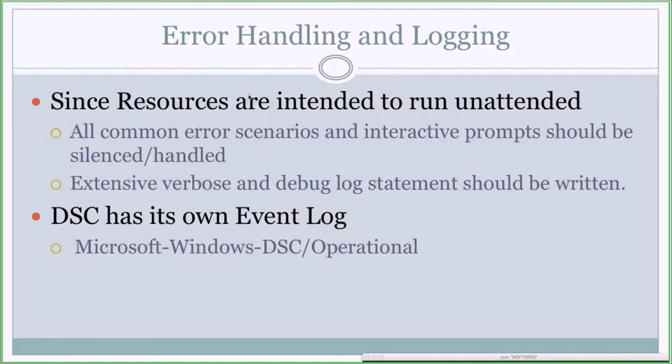When the local configuration manager is running in pull mode, non-terminating errors are terminating. When you're running in push mode, it doesn't seem to be the case. So, not quite sure why the discrepancy there. I've not gotten a real answer on that.